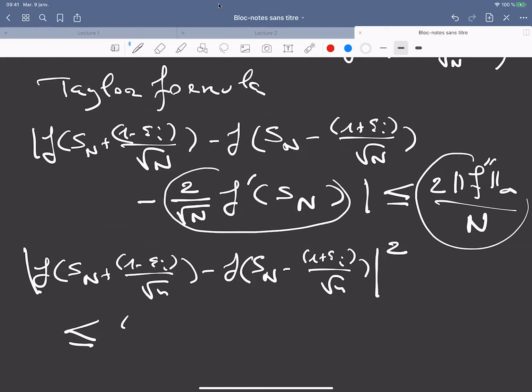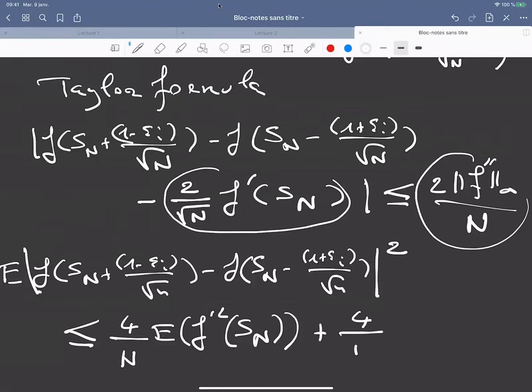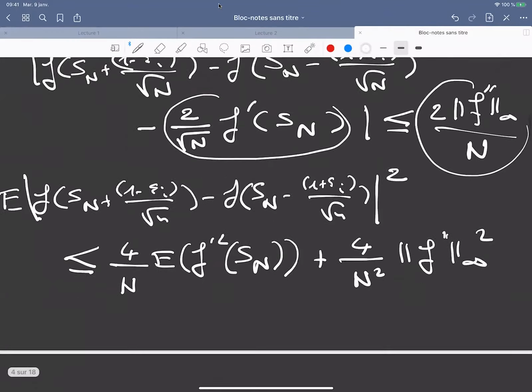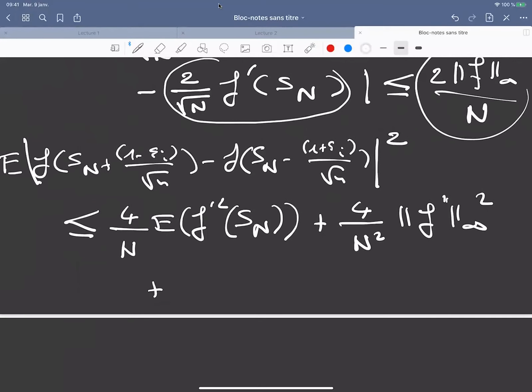That is 4 over n, I take the expectation also, expectation of f prime square of S capital N, plus 4 over n square, the square of the other guy, and a cross product, which is 8 over n to the power 3/2 times f prime infinite, because you just bound f prime by its sup here, times f second infinite norm.